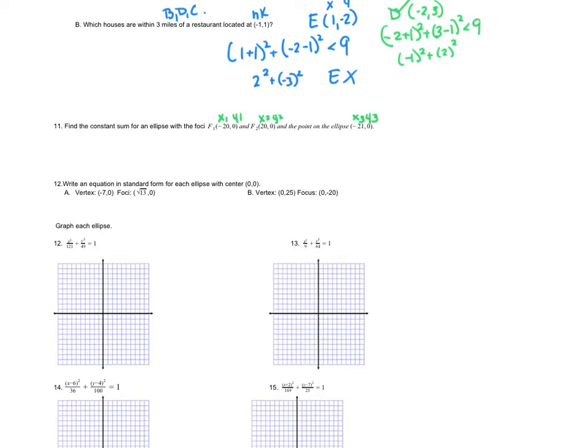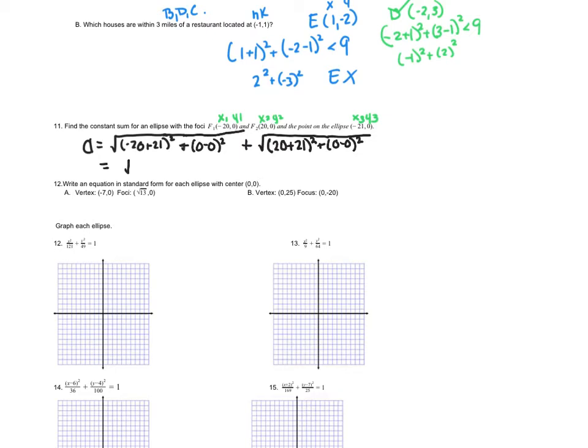All right, so our formula is the distance equals the square root of x1, which is negative 20, minus x3, which is 21, squared, plus y1 minus y3, so my y1 is 0, minus 0 squared, plus the square root of x2 minus x3, so my x2 is 20, minus my x3, which is plus 21 squared, plus y2 minus y3, so my y2 and y3 are 0 minus 3 squared.